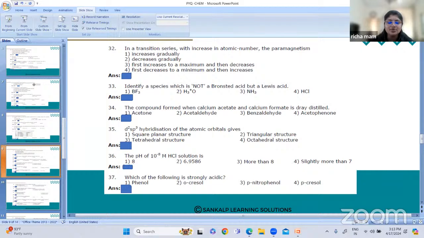Because they are singly occupied, the paramagnetism increases, until all the d orbitals are half filled. Then it will start to pair, and then it decreases again. So first it increases and then it decreases. So this is the answer.